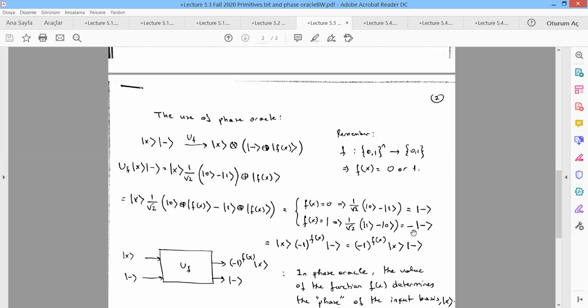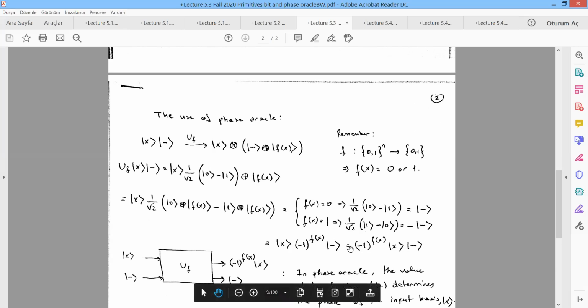So the output becomes 1 over square root of 2 (|1⟩ minus |0⟩), which is nothing but minus |−⟩. One way to represent this is that this state is |x⟩ (−1)^f(x) |−⟩. Why? Because if f(x) is 0, you have (−1)^0, and this phase becomes 1. If f(x) is 1, this phase becomes (−1)^1, which is minus 1.